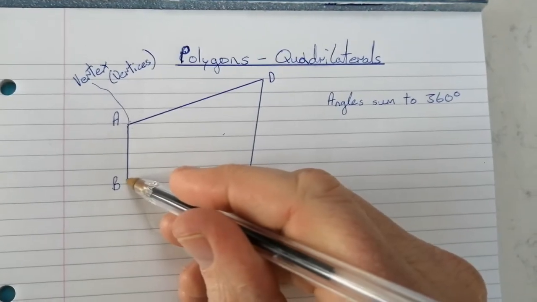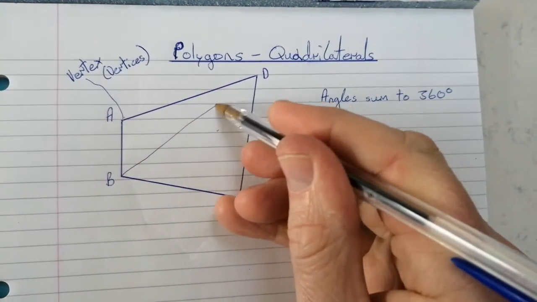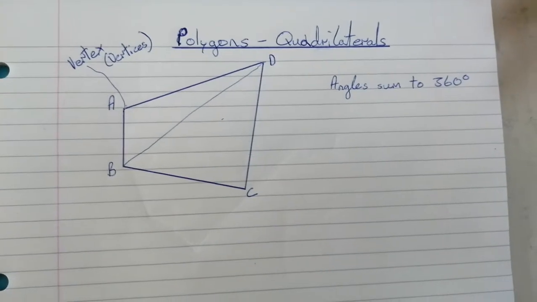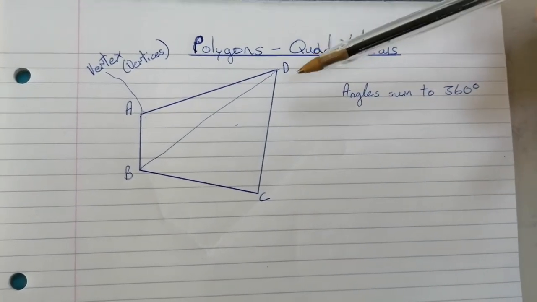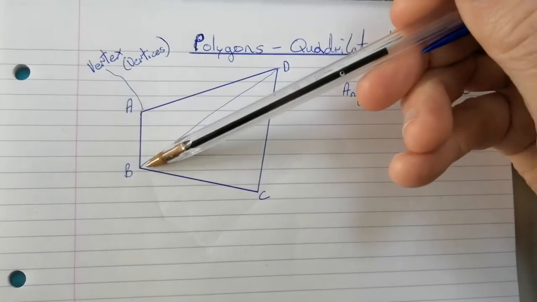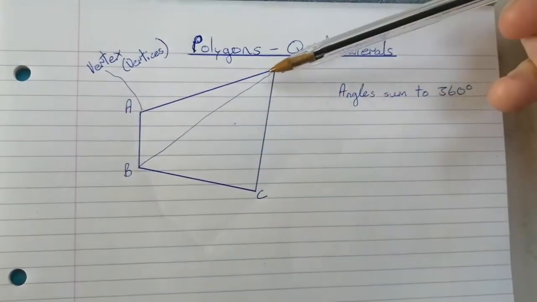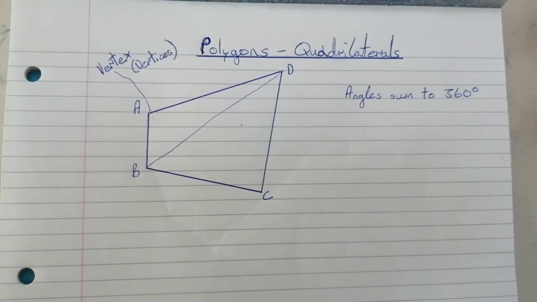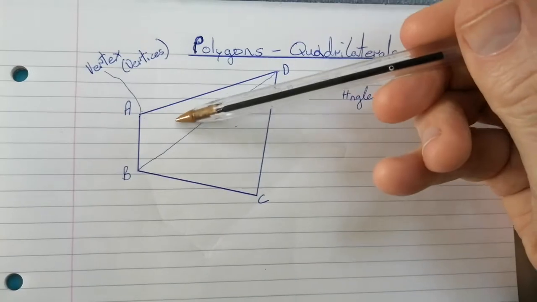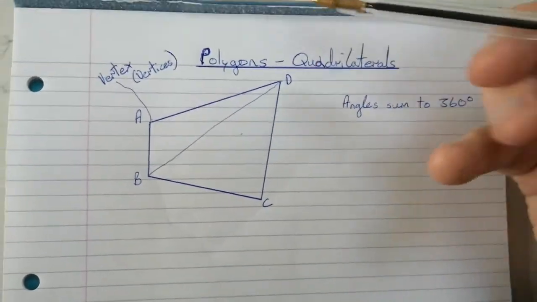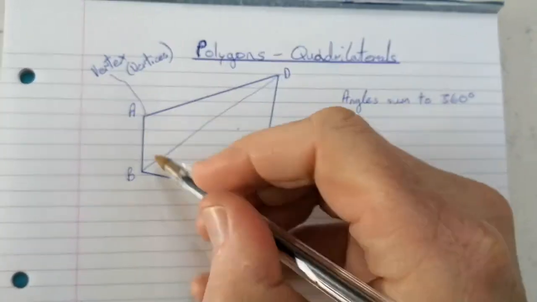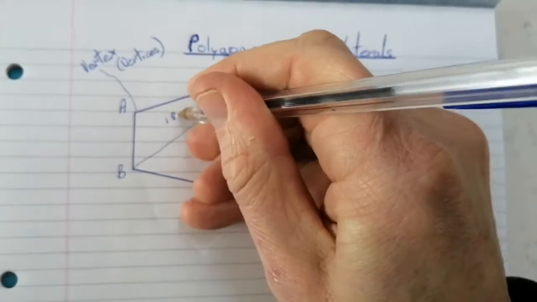Now we have a nice simple way of showing this as well, and that is with a little construction here. If I draw the diagonal of a quadrilateral, in other words, the line joining opposite vertices, so this B and D are opposite vertices, if I draw a line joining those two, it always divides a quadrilateral into two triangles. And we know that the angles in a triangle sum to 180 degrees.